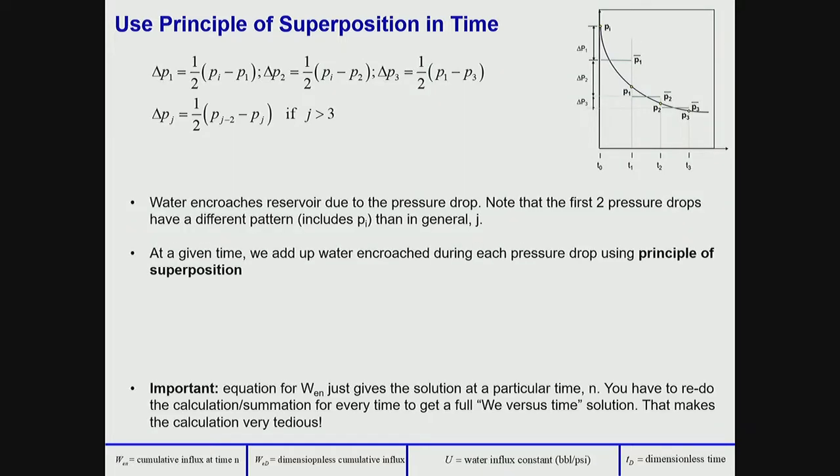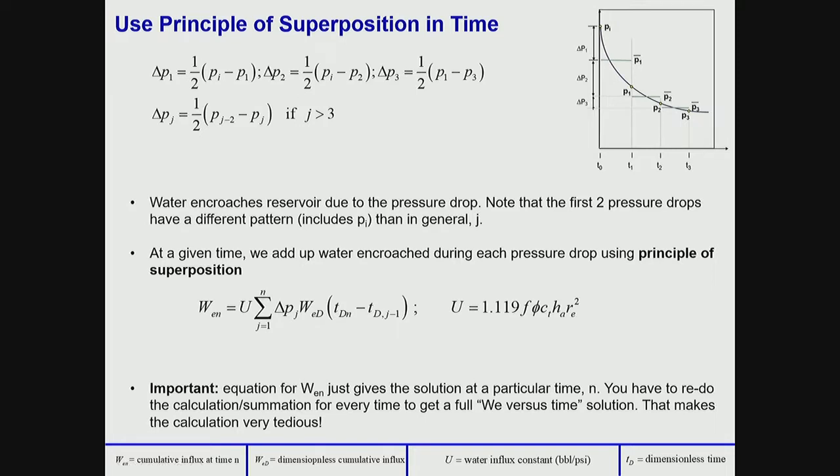And then what we learned last time is that we utilize the principle of superposition. What does that mean? It means that we add solutions on top of each other. So it's effectively like you have a bunch of individual solutions and you're summing them up. That's why we have the summation. So U is a constant of the aquifer we can calculate. J is equal to 1 all the way to N. N is the final time step.